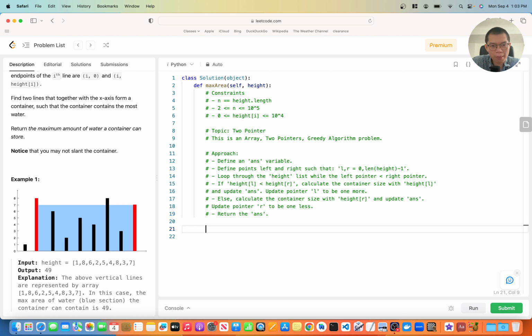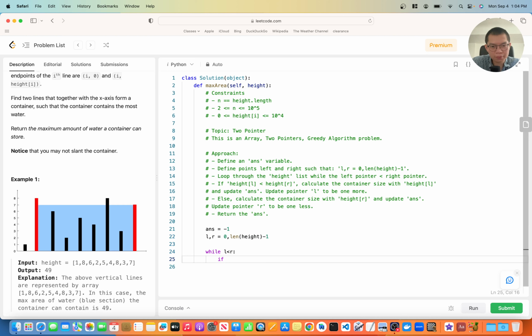Let's do it. So ans equals -1. L, R equals 0, len(height) - 1, while L is less than R. If height L is less than height R, then you do a calculation, right?